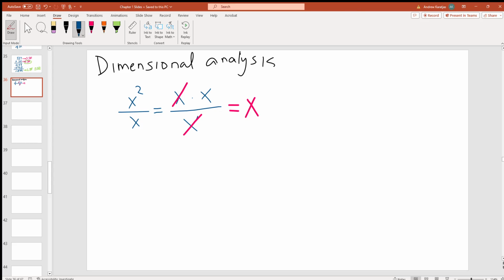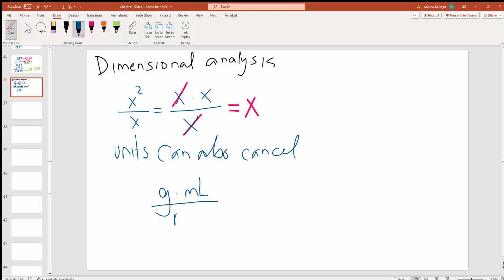Well, just like with numbers, units can also cancel. So for example, if we had grams times milliliters over milliliters, just like in the example above, our milliliters can cancel and we'd be left with just grams.